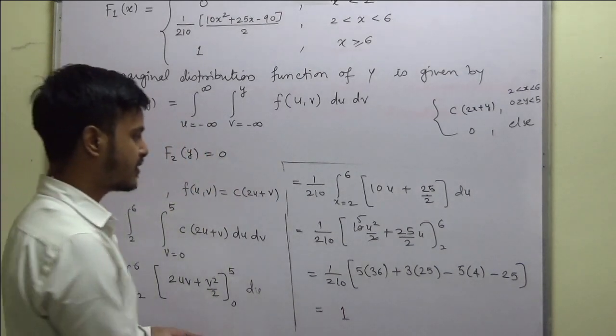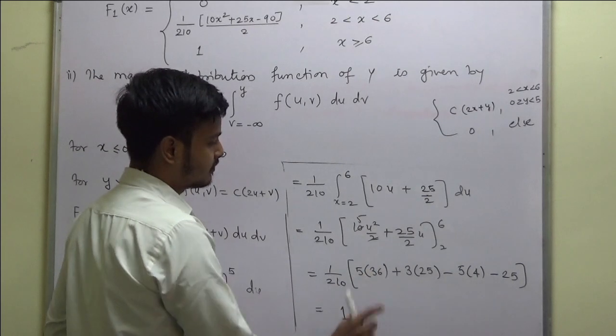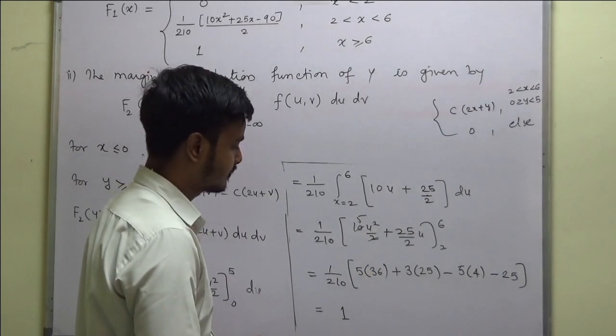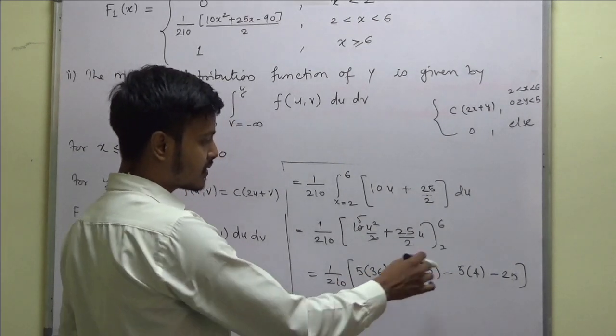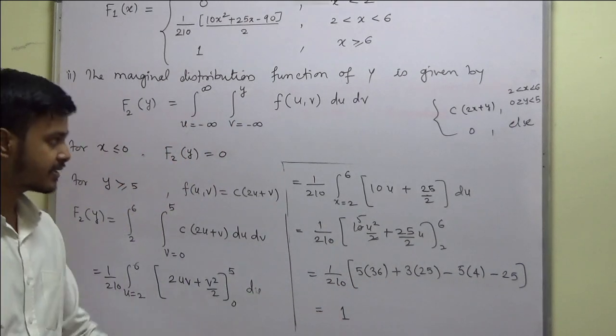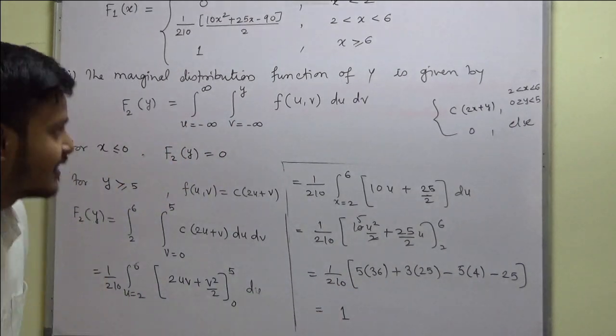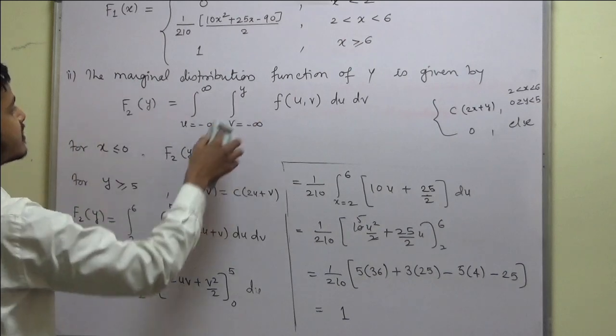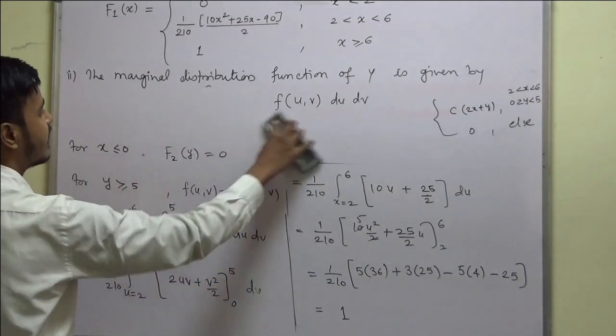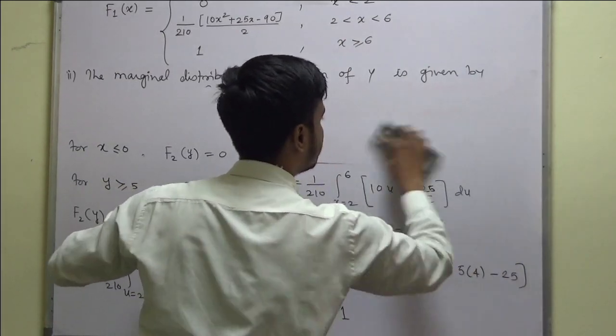You can just solve this. Okay, so the 210 gets cancelled and finally we'll be getting the marginal distribution function of y.